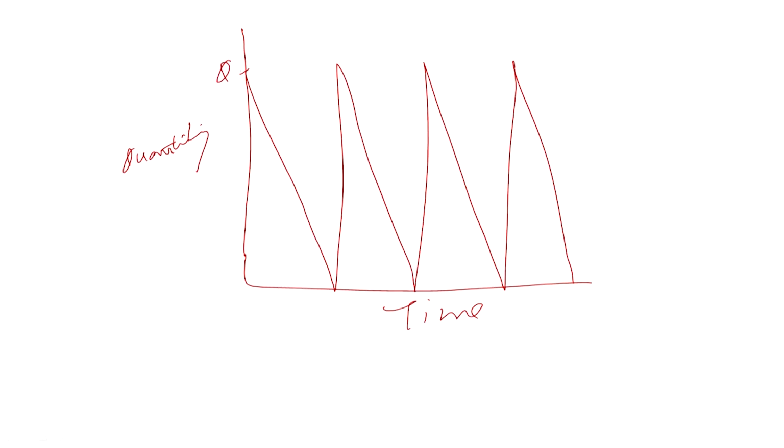When we have received the order of the material we placed, it is at this level and we start using it. So, it comes down to the last level. When it comes down to this level, we again place a new order and replenish the material level to the beginning level, and then we start using it and it comes down. This way this picture emerges.